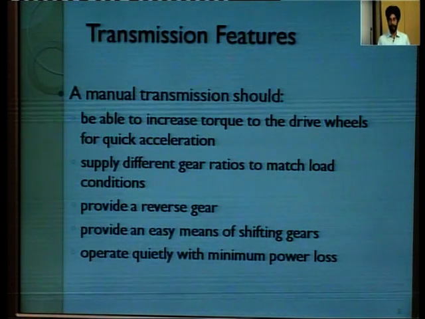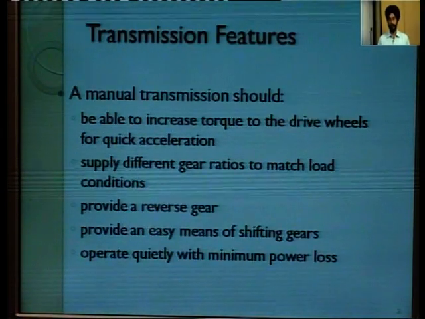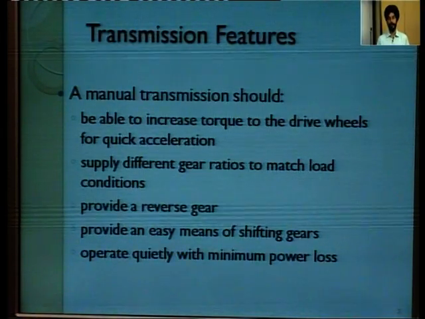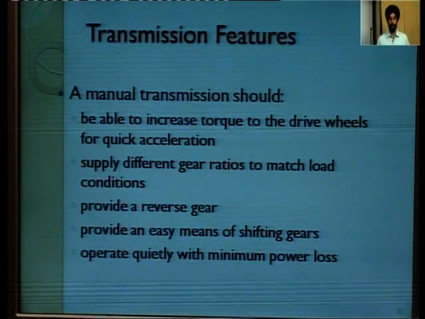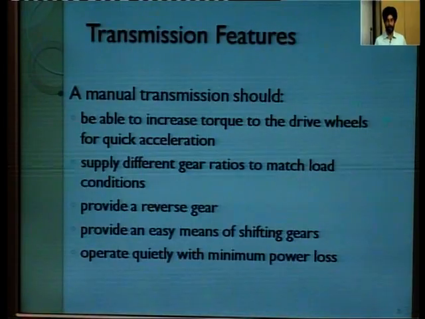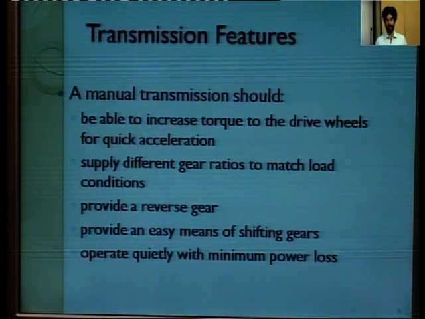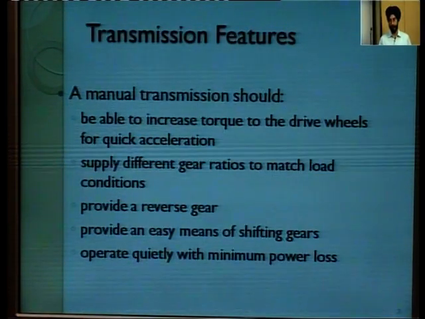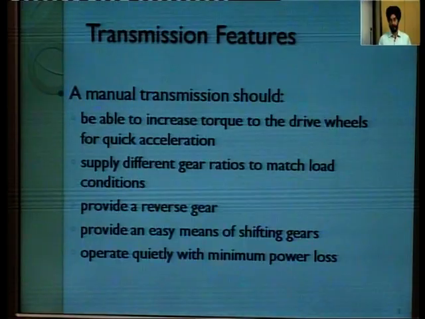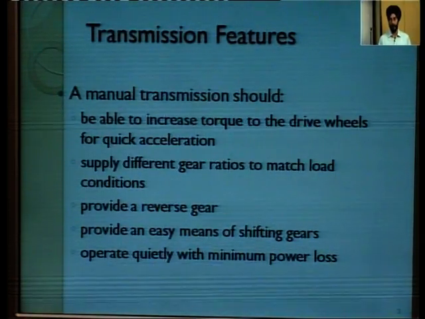Then the second condition is when vehicle is accelerating from low velocity to high velocity. Thirdly, when vehicle obtains maximum speed and continues running at that speed. In all three conditions, the first condition, when vehicle starts from rest, requires larger torque, lesser RPM. In the next case, still lesser torque, larger RPM.